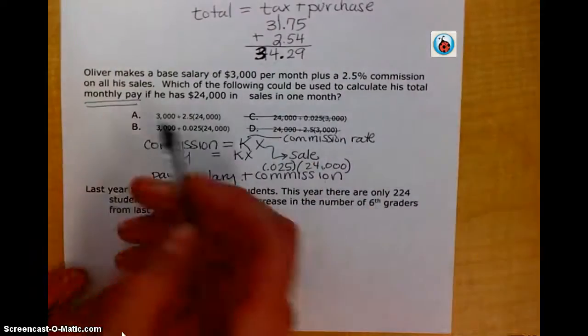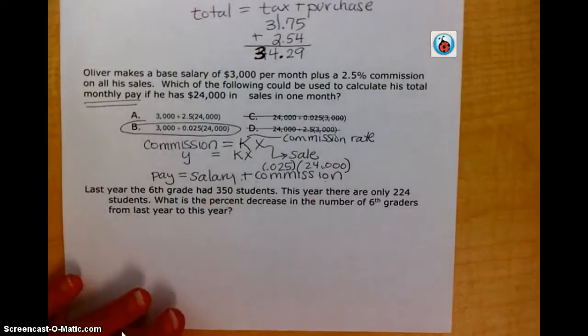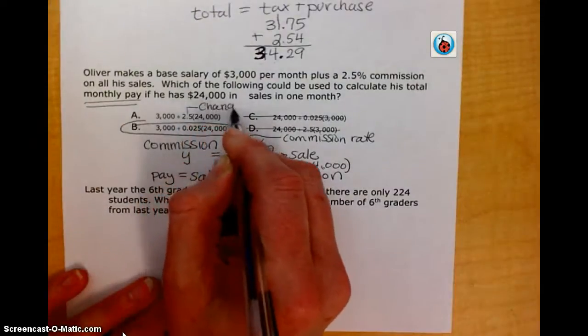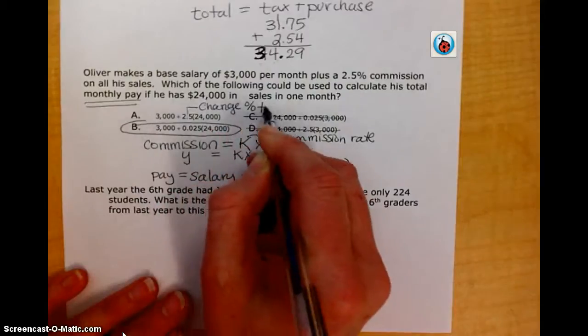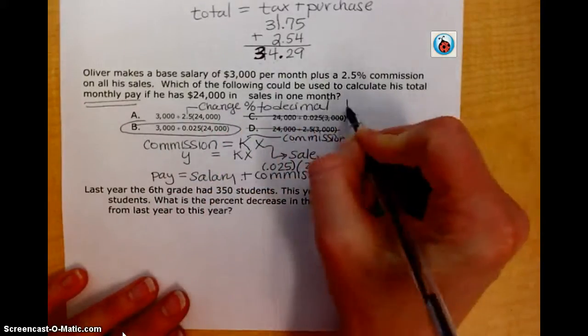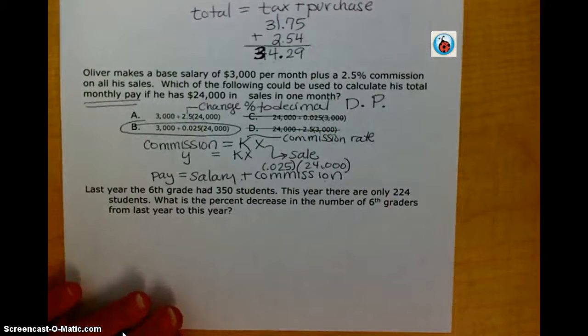And we're going to pick answer choice B. If you pick answer choice A, it means you forgot to change the percent to a decimal. And we're done with that problem.